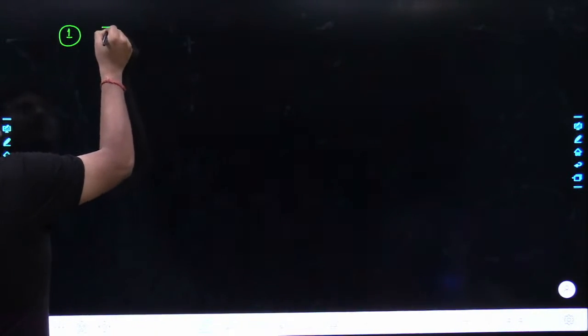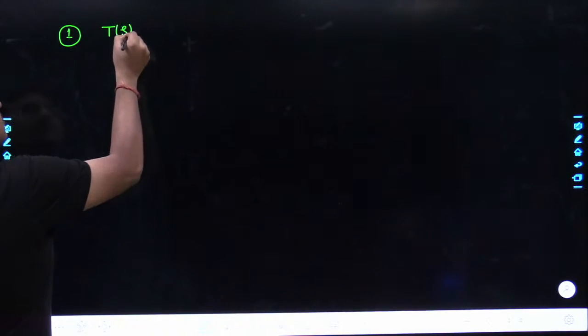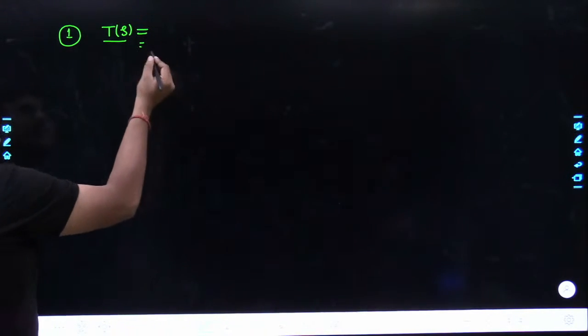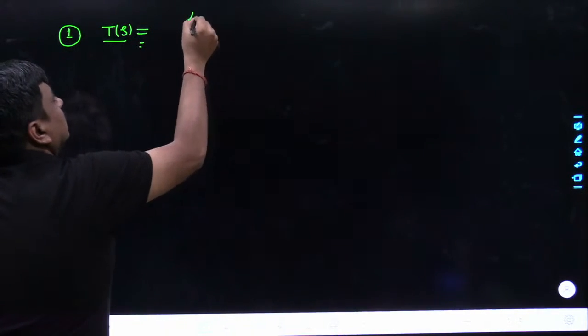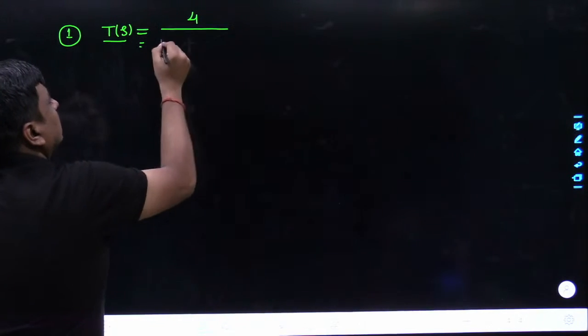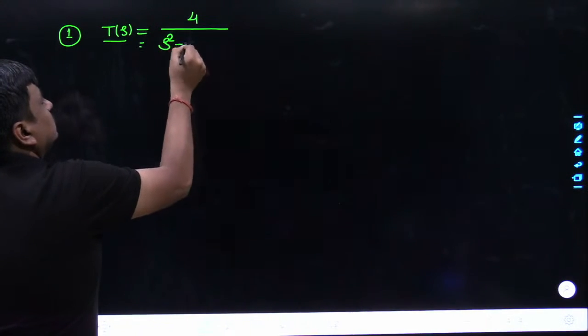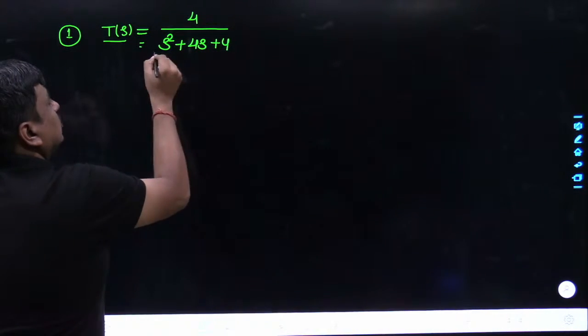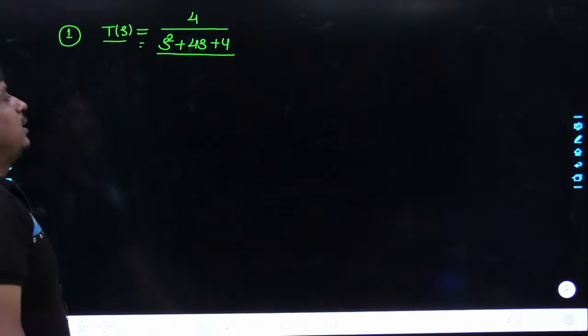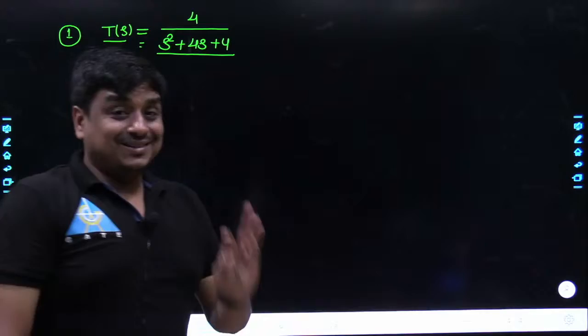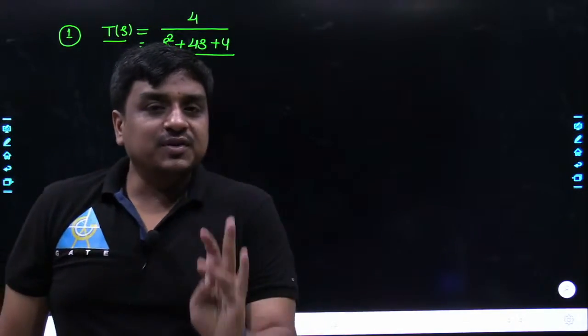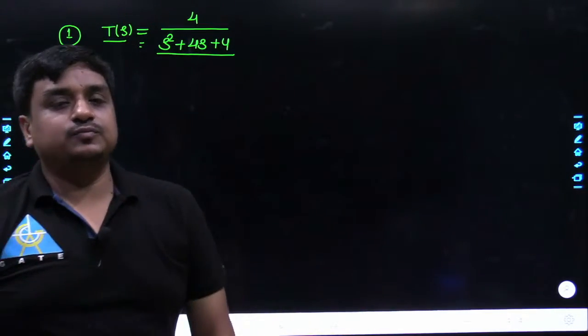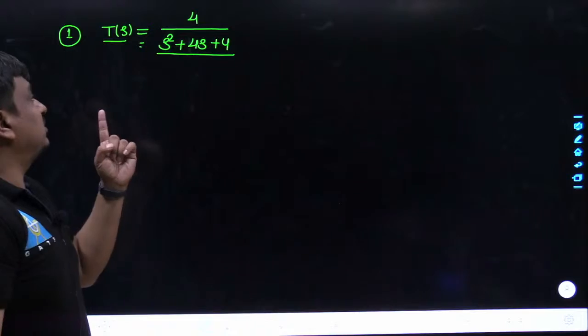The transfer function of the first system is, let's take, 4 divided by s square plus 4s plus 4. Tell me which type of system it is, whether it's underdamped, overdamped, or critically damped. It's your first question.